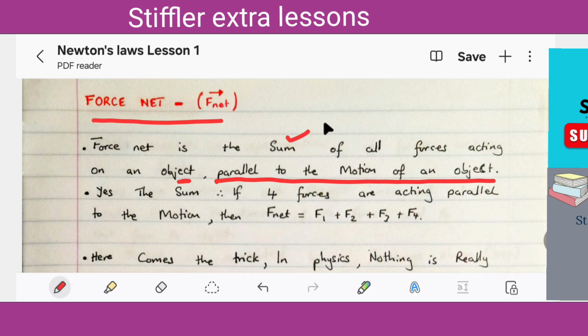So these forces must be parallel to the motion of the object. If the object is going to the right, we must take all the forces going left and right and add them together to find our F net. If we have four forces acting parallel to the motion, then our F net becomes F1 plus F2 plus F3 plus F4.